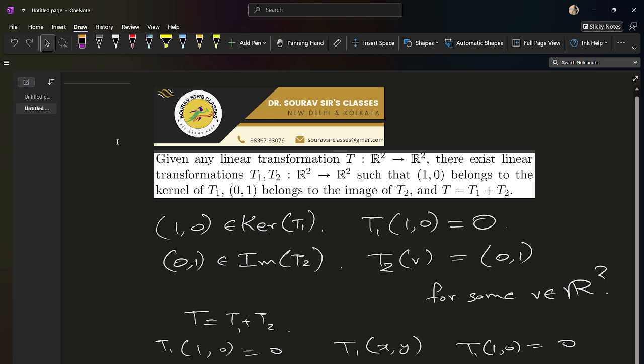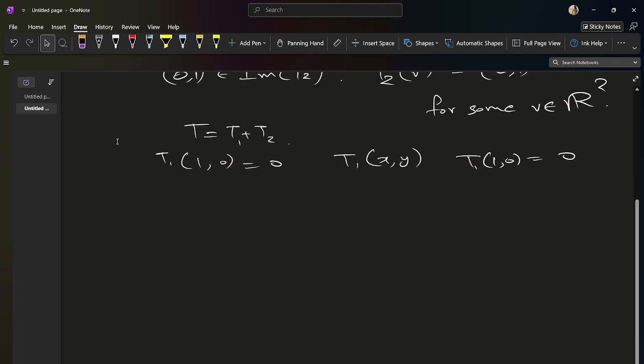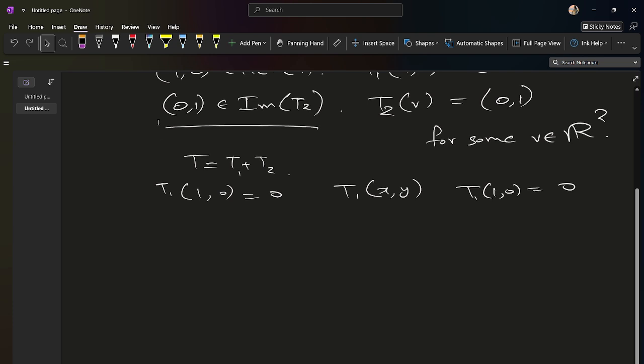Now we are going to see the condition on T2. For T2, the image must contain (0, 1). This implies that there exists some v belonging to R square such that T2 of v is equal to (0, 1). The rest of T2 can be defined arbitrarily as long as the condition is satisfied.